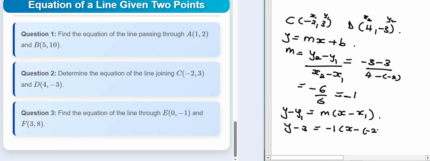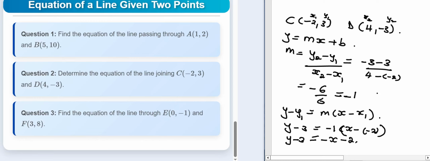So y minus 3 is equal to negative 1 times the bracket x plus 2. You see here I had a negative, and then this is also a negative, so it becomes a positive, so it will be plus 2, but again outside the brackets we had negative 1, so that positive multiplied by negative 1 again becomes negative 2.